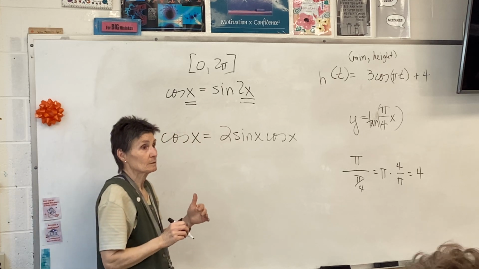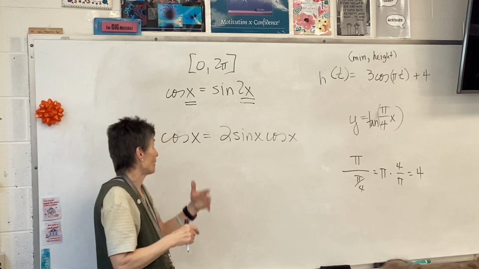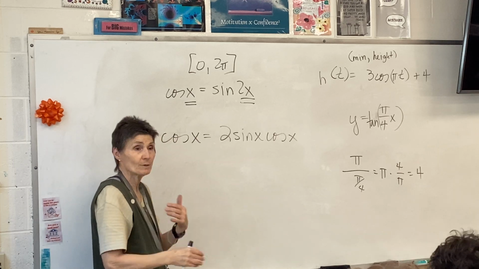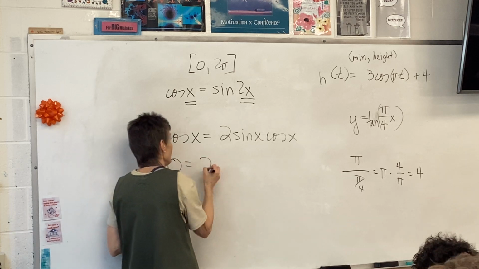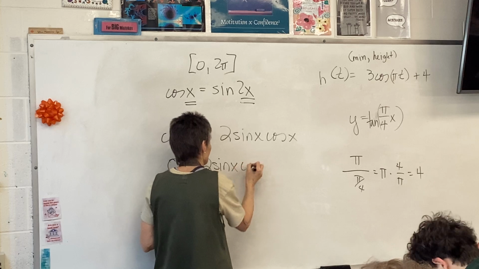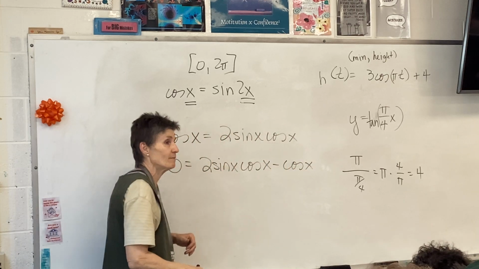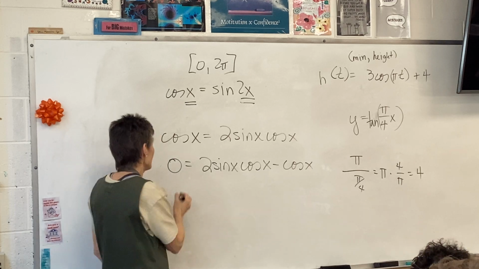Now, I've got all x's at least, but now I've got sines and cosines. What a mess. Keep going. What can I do now? Subtract the cosine over. Because we are under no circumstances going to divide. No. Factor out a cosine.